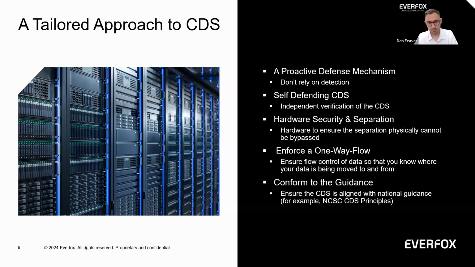So you also want to look at something that can enforce a one-way flow. Now, this isn't necessarily saying that you can only send data one way. You can send data in both directions. So if we take our previous example of official sensitive to secret, you can send it from official sensitive to secret, but you can also send it from secret to official sensitive.